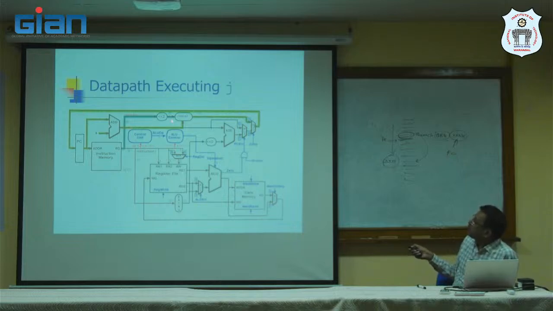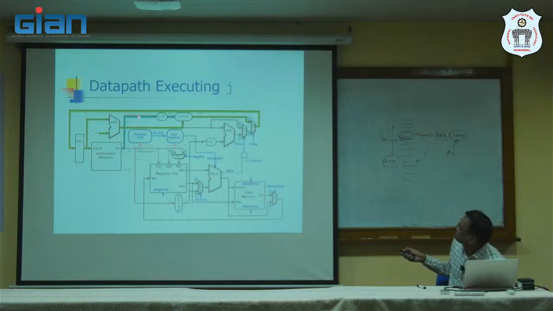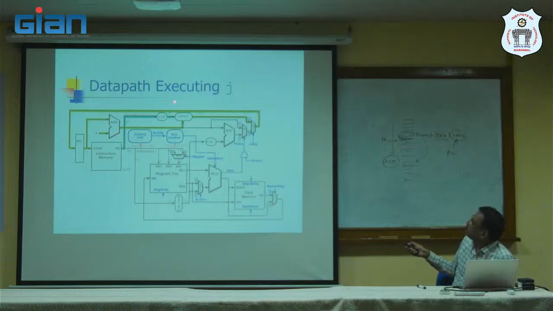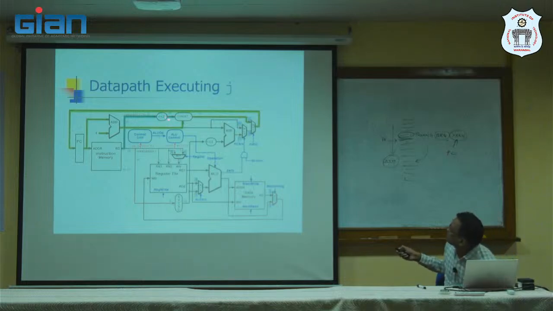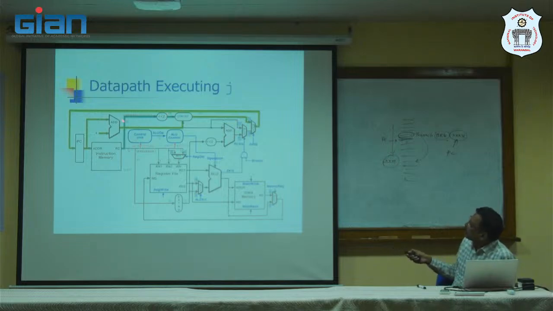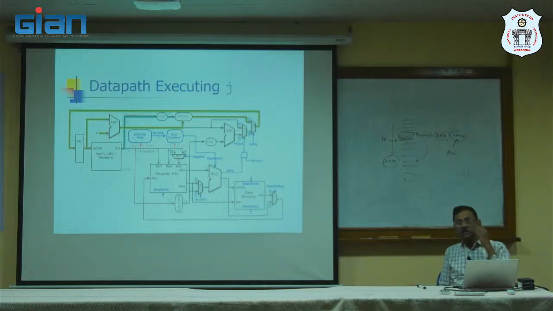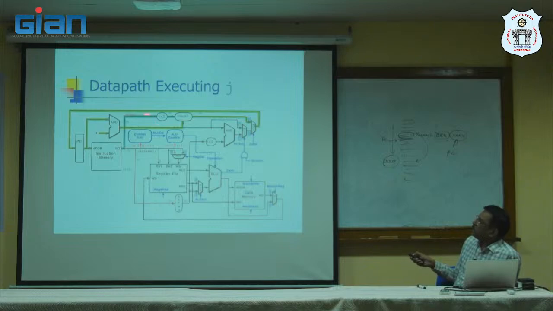That 26-bit address is converted by concatenating with the PC address. Before concatenation it is 28 bits, and the 4 bits of the PC, bits 28, 29, 30, 31, are concatenated with this 28 bits, which then becomes 32 bits. So the jump address indicated in the instruction template is 26 bits.